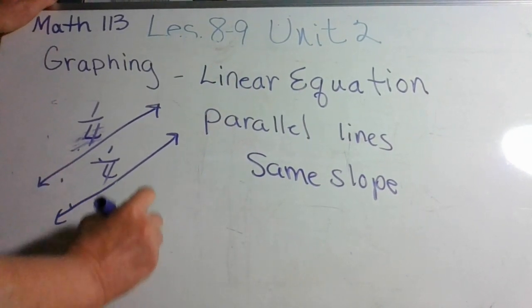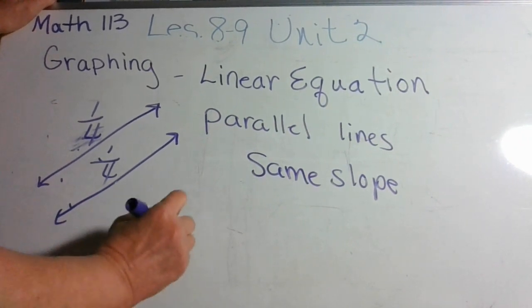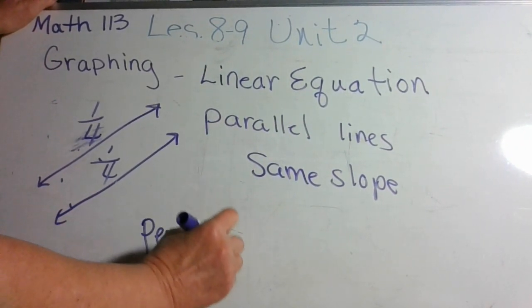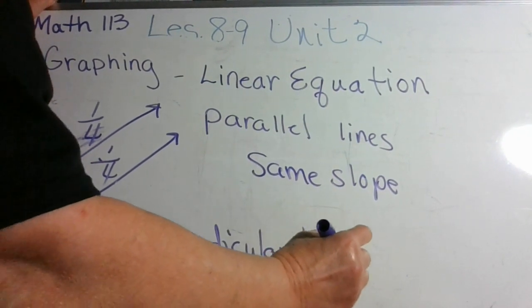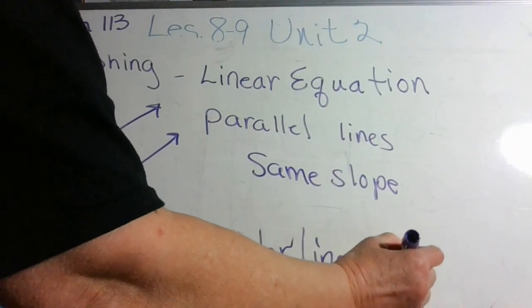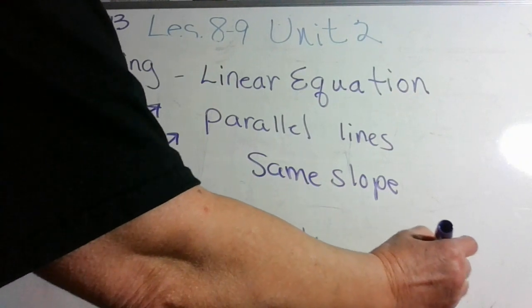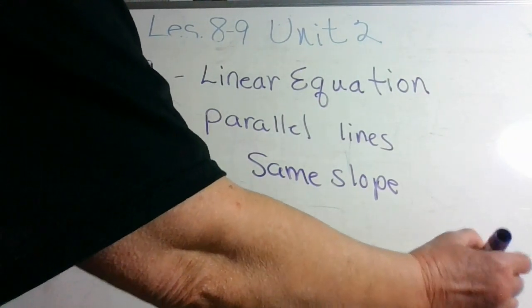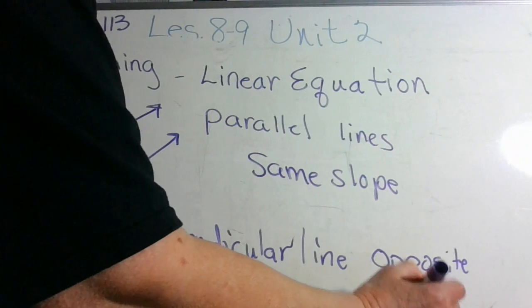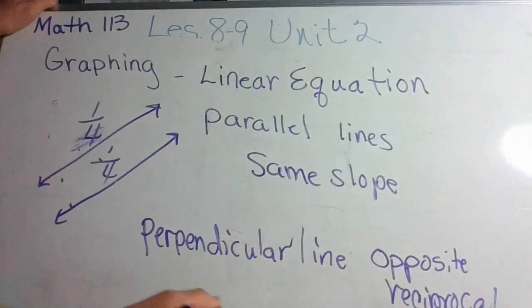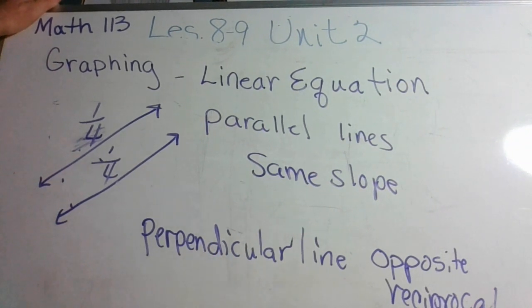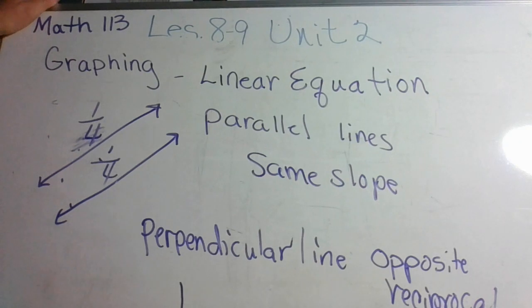And then on a perpendicular line, the slope is the opposite reciprocal. Okay, so if we have a perpendicular line, it means that they meet at right angles.